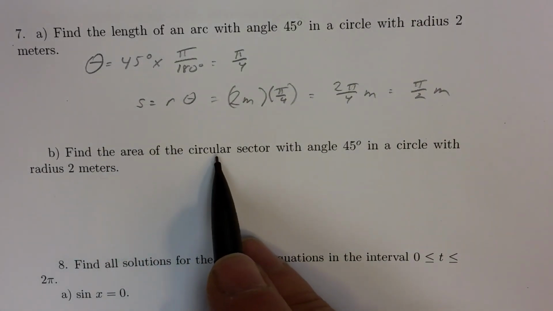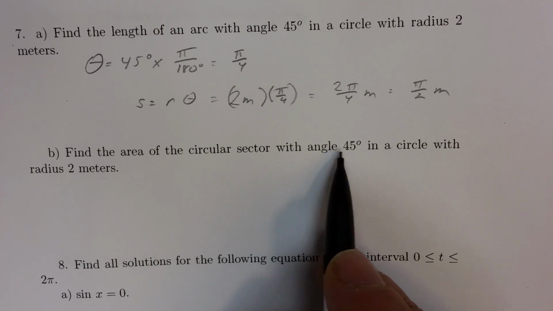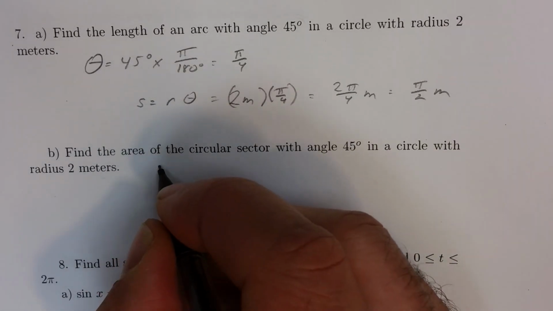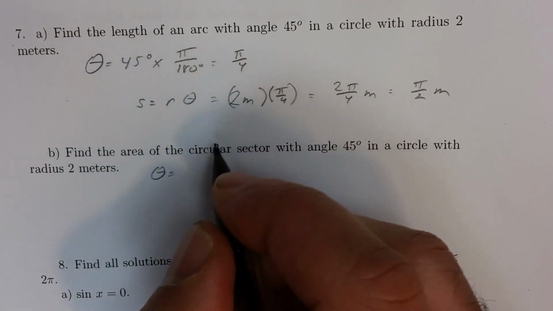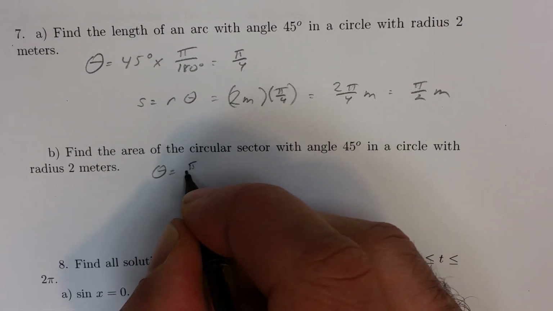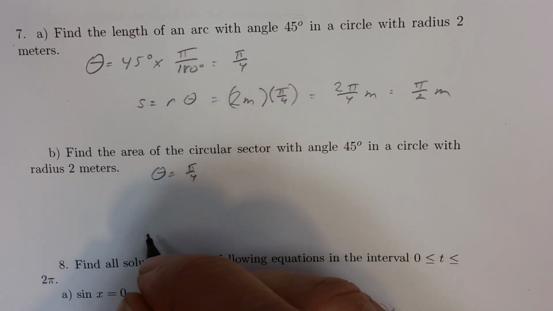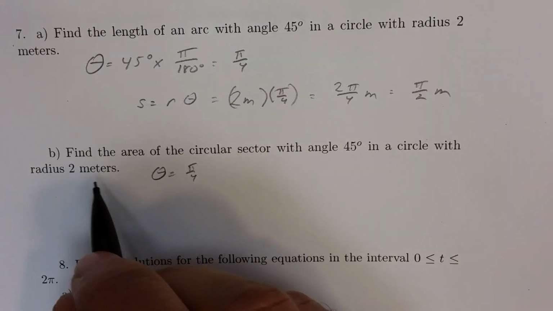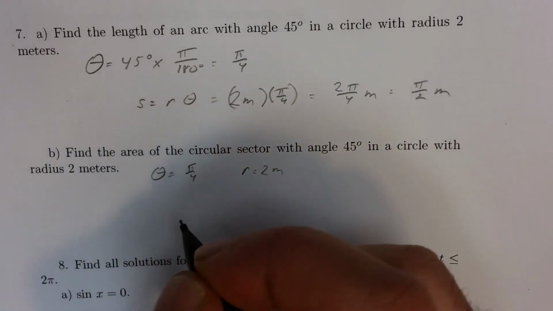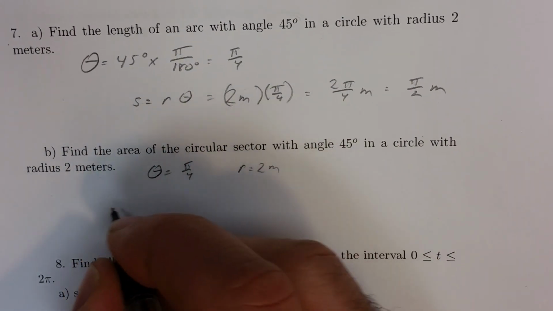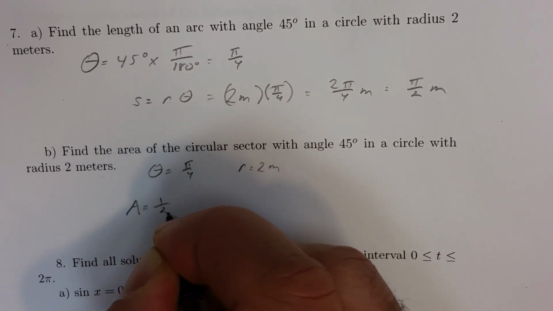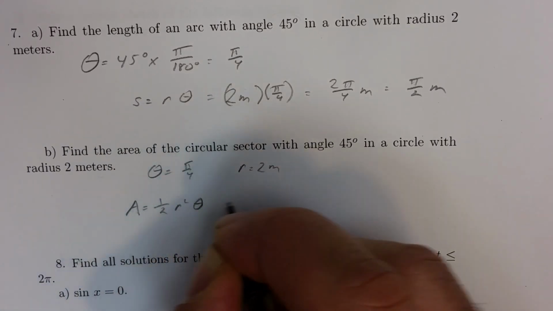Find the area of the circular sector with angle 45 degrees in a circle with radius 2 meters. So again, theta equals 45 degrees, which again is equal to pi over 4. And we already know the radius is 2 meters, as it was in the previous problem. And now we have that the area equals 1/2 r squared theta.